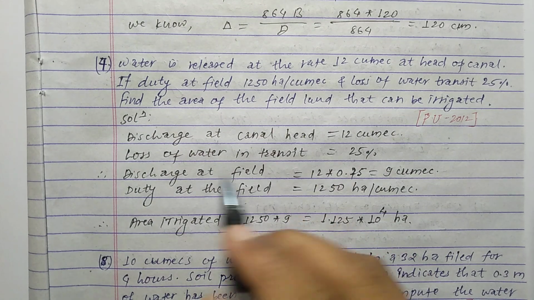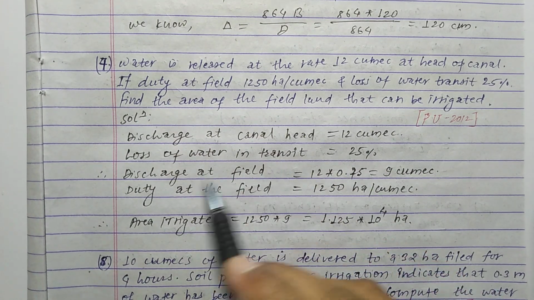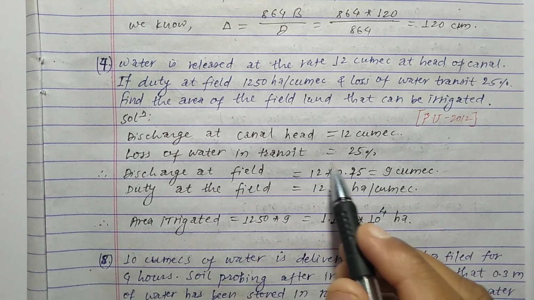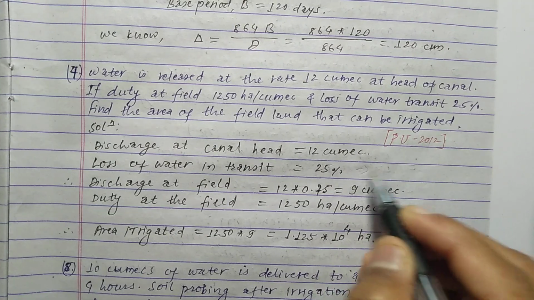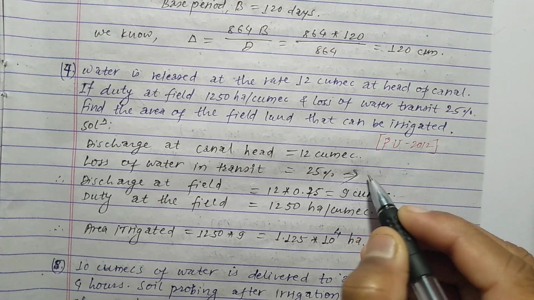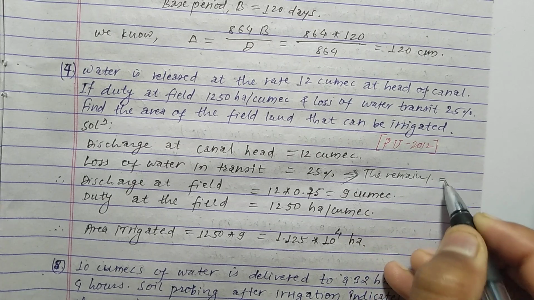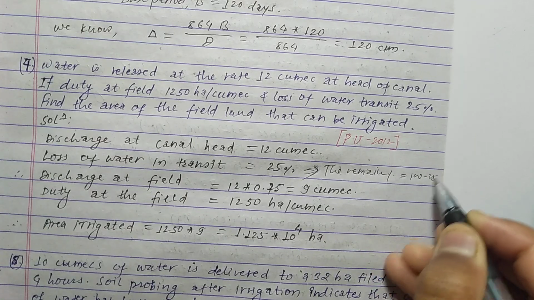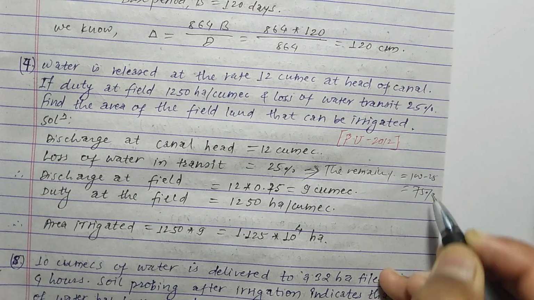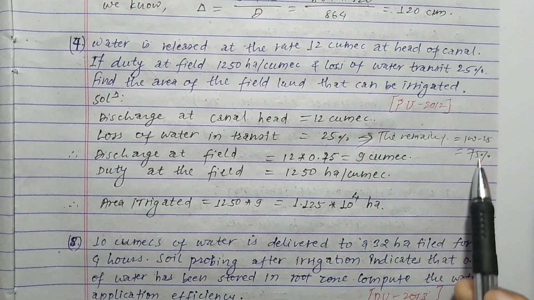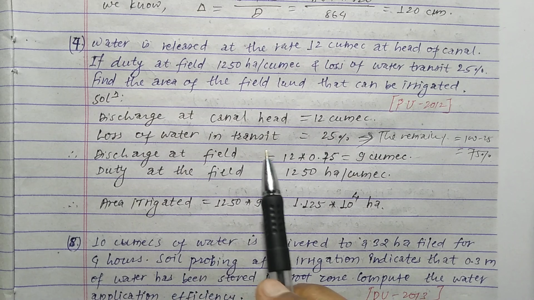You can see here 25% loss. After the loss of 25%, the remaining percentage of water is 100 minus 25, which becomes 75%. So the total remaining water is 75% after the loss of water in transit.